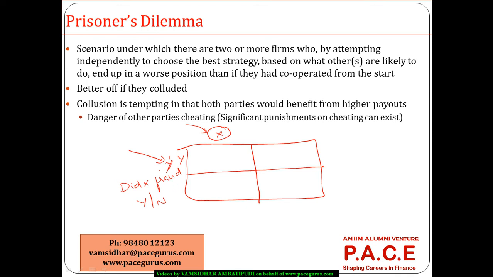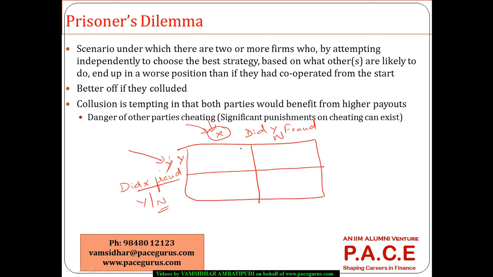If X has committed the fraud, X will get a punishment, and if he says no, X will not get the punishment. Similarly, a question will be asked to X, did Y do the fraud? Now, if X says yes, then Y will get the punishment. If he says no, then Y will not get the punishment.